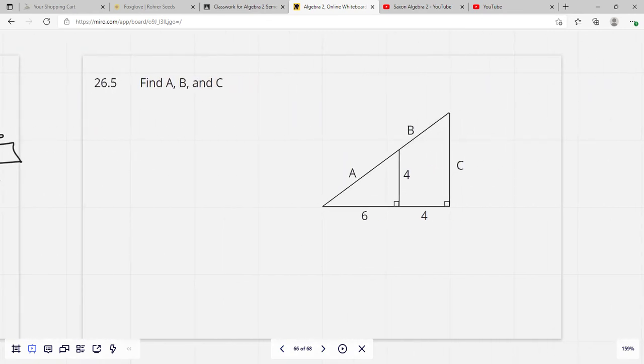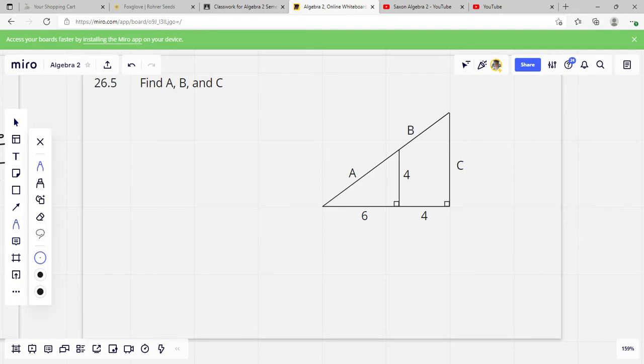Alright, this next part is about overlapping triangles. Alright, so in some overlapping triangles, what we really have is 2 triangles here, right? So we have our small triangle, and we have our big triangle. One's over top of the other one.